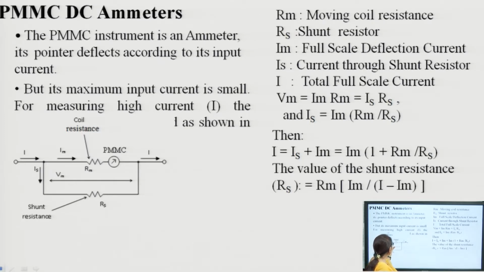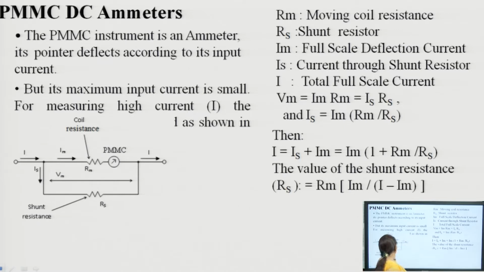Vm is the voltage across this PMMC instrument. Rm is the moving coil resistance, Rs is the shunt resistance, Im is the full scale deflection current, Is is the current through the shunt resistance, and I is the total current which we want to measure.